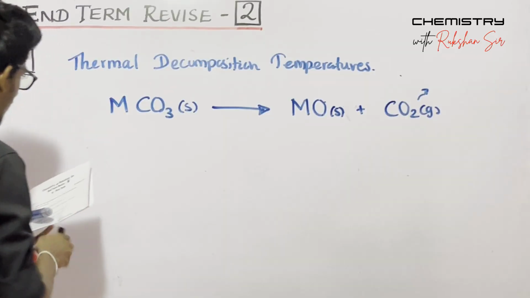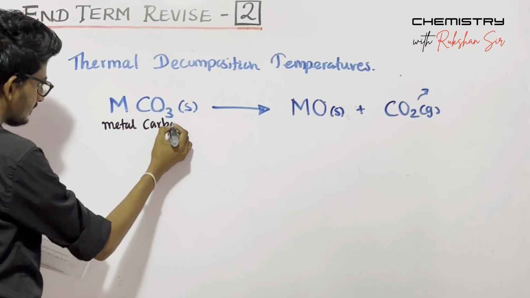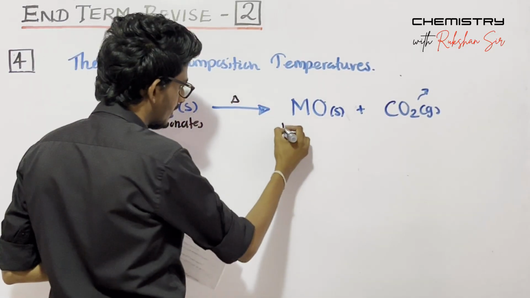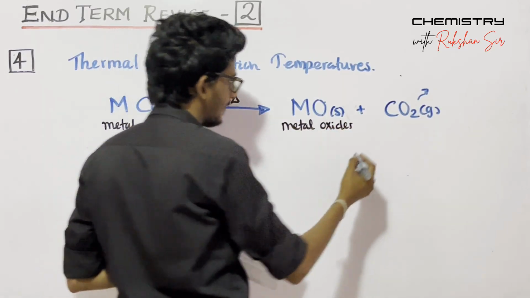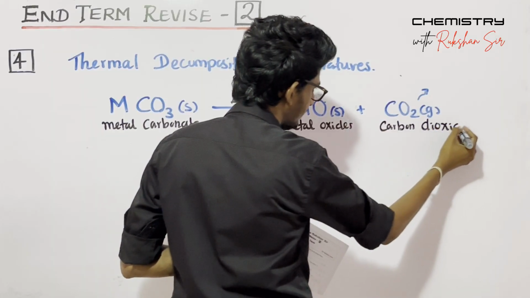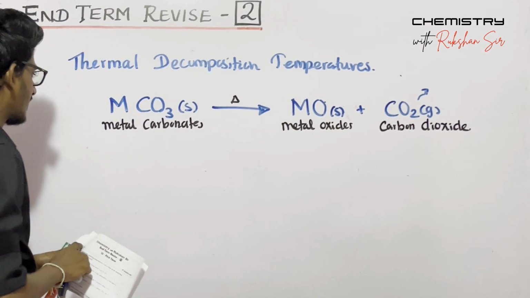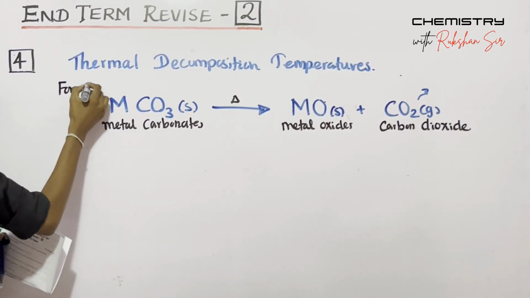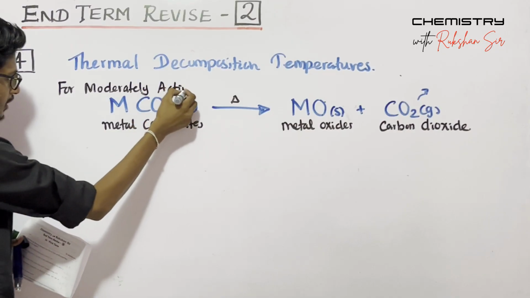So metal carbonates decompose when heated to produce metal oxides and carbon dioxide. This is true for moderately active metals.